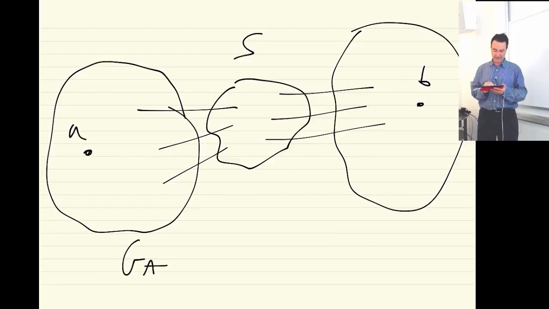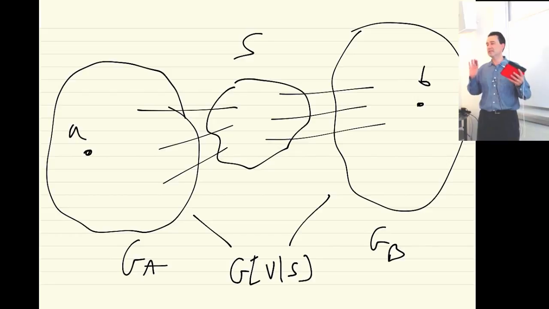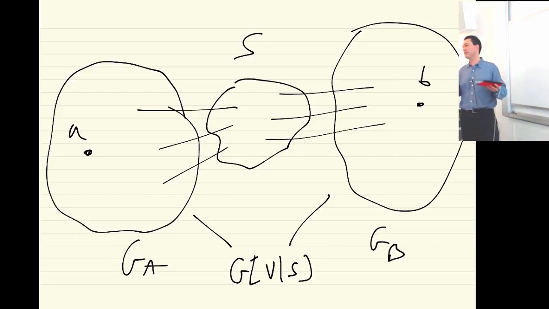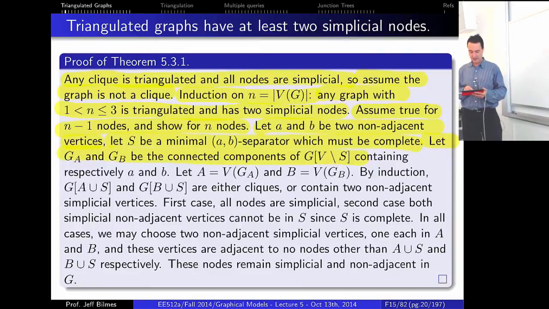And this is G of A, and this is G of B. And then G of V except for S is basically this and that together. It's all of the stuff. It's the induced graph except for S. So it's basically a graph that has all of the edges over all nodes in G except for S. Okay, so just keep that picture in mind.